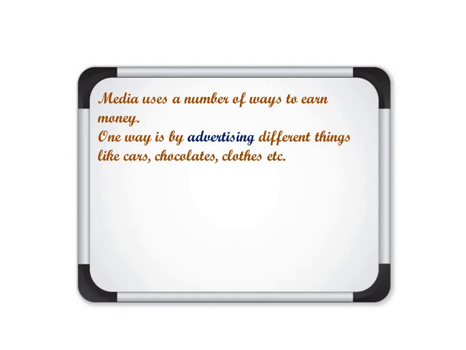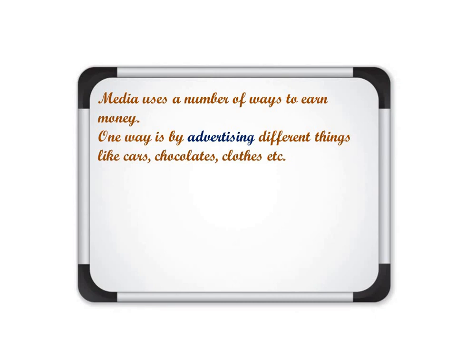You know what is happening: for any program, according to the TRP, they charge the amount for advertisement from the different producers. If a particular channel has a high TRP rate, then definitely they will charge more. So that depends on that.